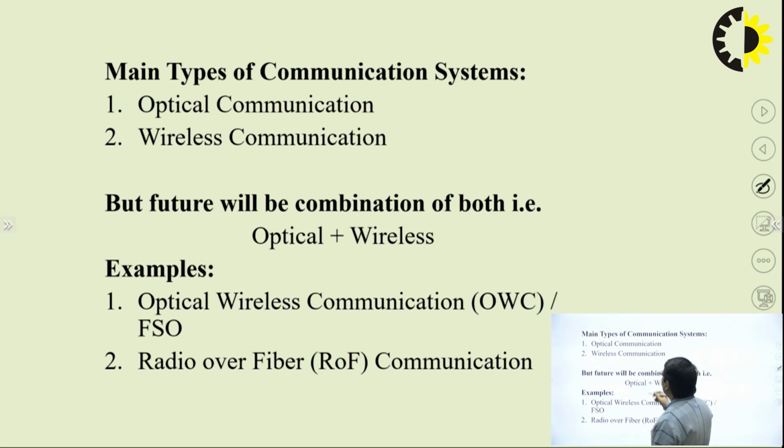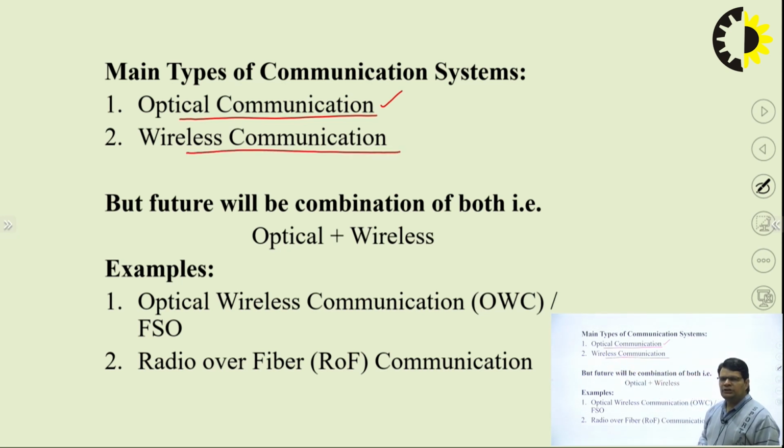Basically we know that in today's era there are two type of main communication systems. One is optical communication system, second type is wireless communication system. Both of these communication systems are very popular because of their advantages, but like any other communication system, no communication system is perfect.